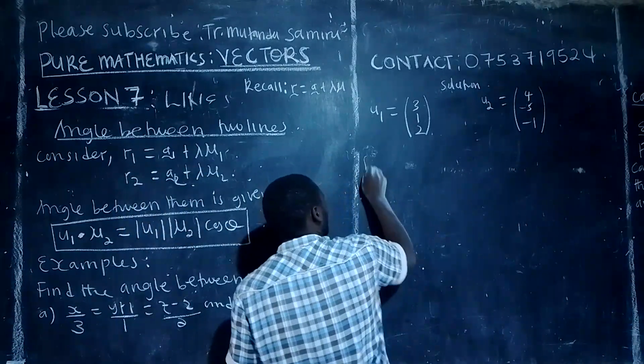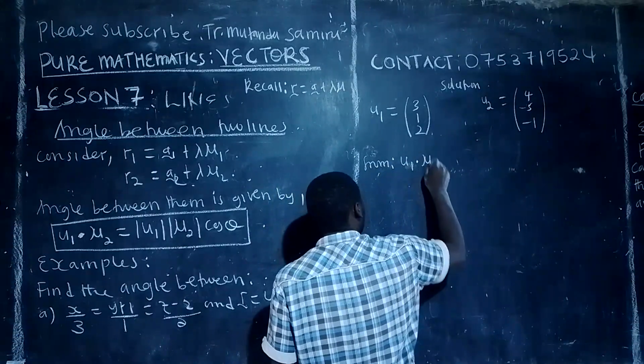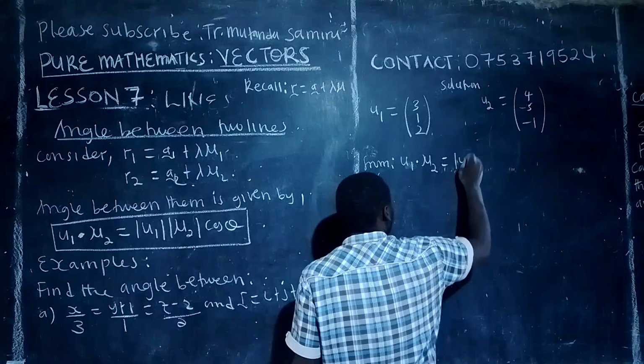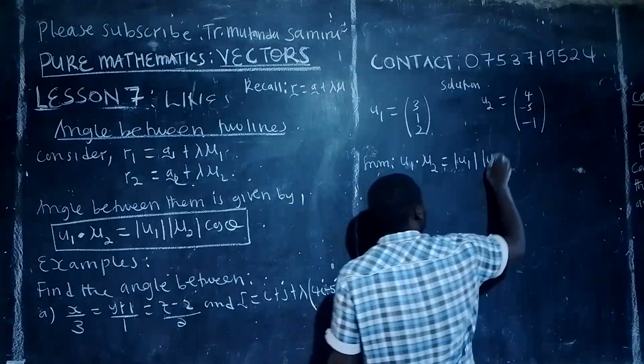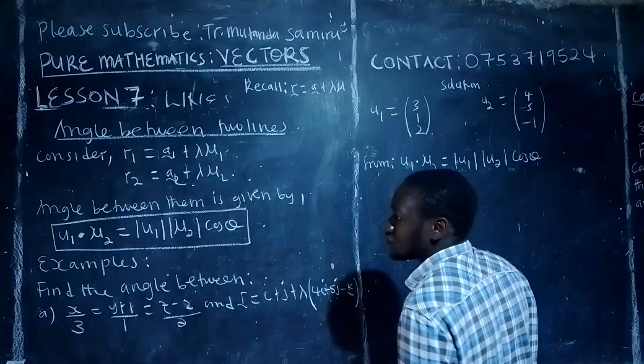Now what we need from this, we know that mu1 dot mu2 is equal to magnitude of mu1 times magnitude of mu2 times cos of theta. So let's substitute in the values.